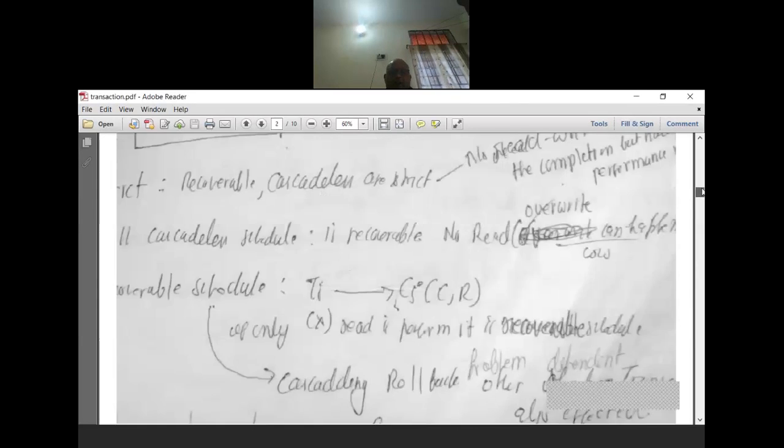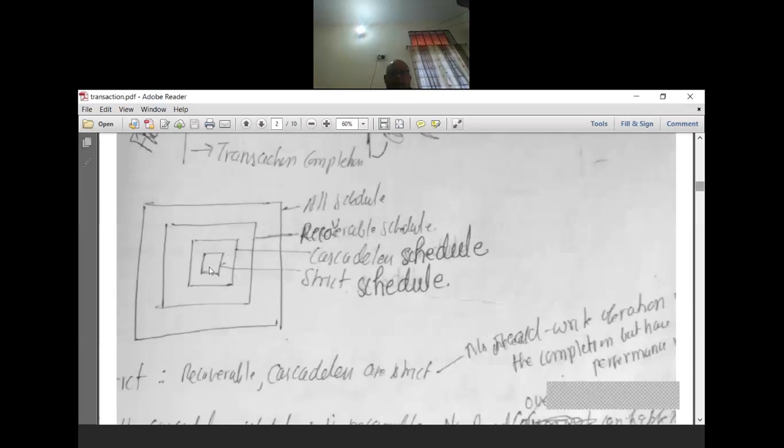So overall, as I already said, every strict schedule can be recoverable or non-recoverable. Here, two data items gave a strict schedule and one gave a non-recoverable schedule.